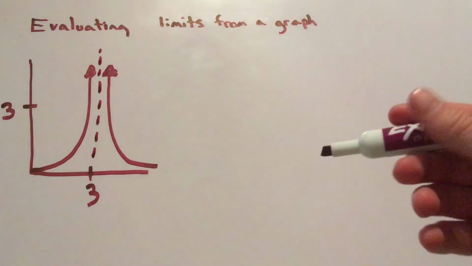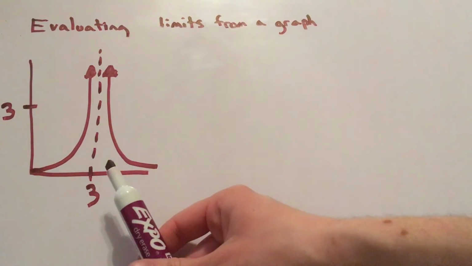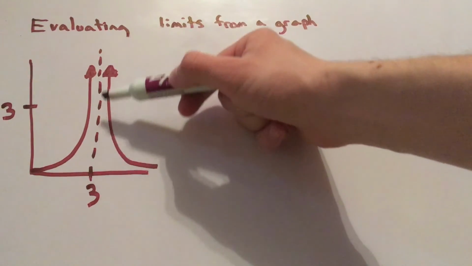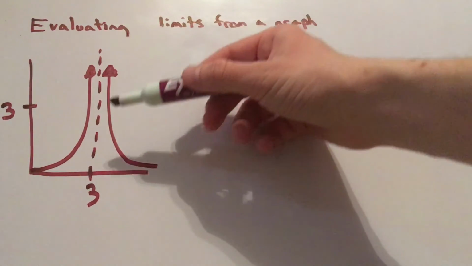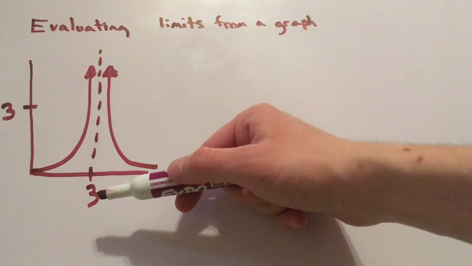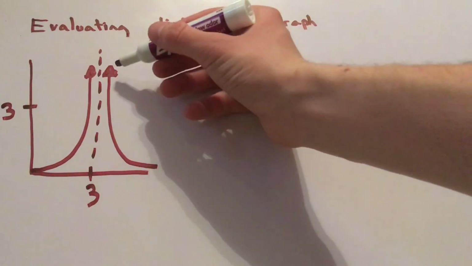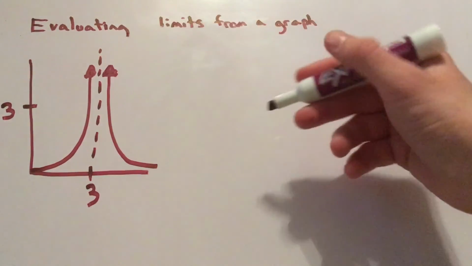Okay, so as you can see here, we have a function with an asymptote in the middle. The x values never quite equal 3. So we can take a limit on the right, and we can take a limit on the left.